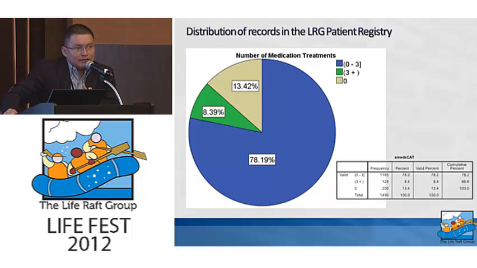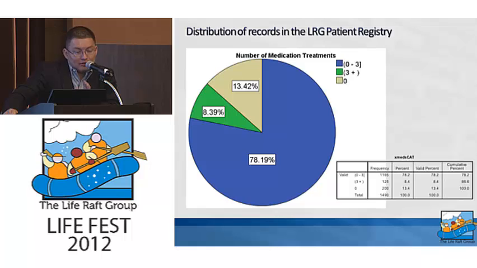Now we took all the records in the database and classified them by the number of medication treatments. The first category says 0 to 3, open parenthesis, but it actually reflects all the patients who have been taking 1, 2, or 3 different medications. The second group, the green group, is patients who have been taking more than 3, so 4 and above.